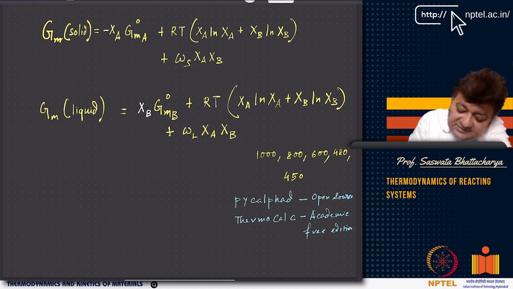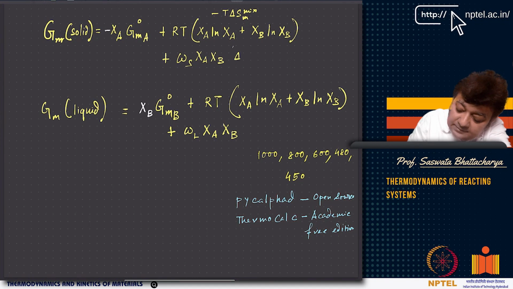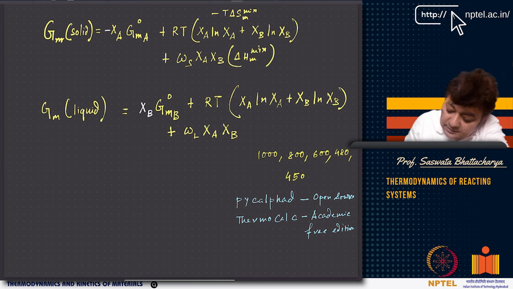That's why there is X_A G_MA^0, and then this is basically minus T delta S mix, and this is basically delta H mix, right? Delta HM mix. Here also you have a delta HM mix, but that is equal to 0, right? Delta HM mix equal to 0.